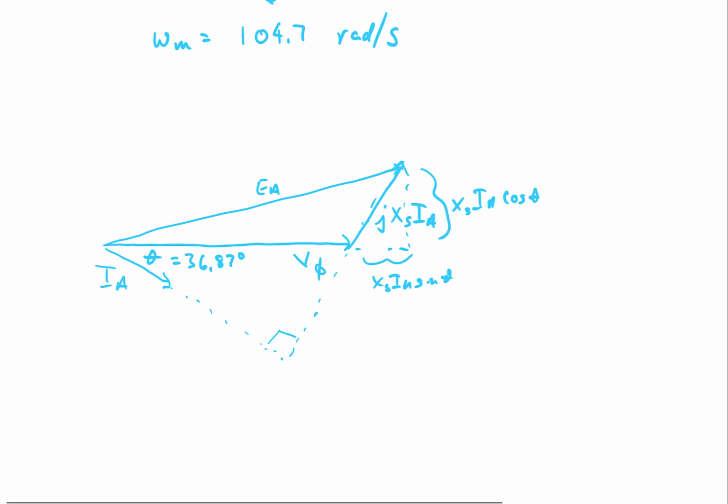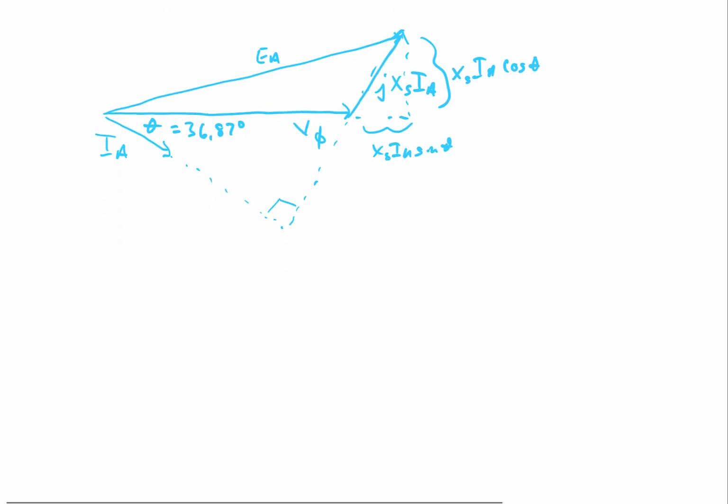Now, in the diagram, again, we know V phi is at an angle of 0, and we know the magnitude of EA from before. I said IA there, I'm sorry. The magnitude of EA is equal to 277.